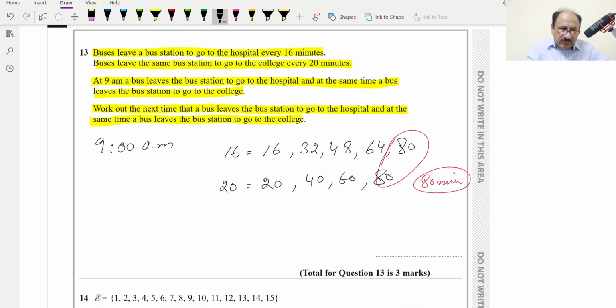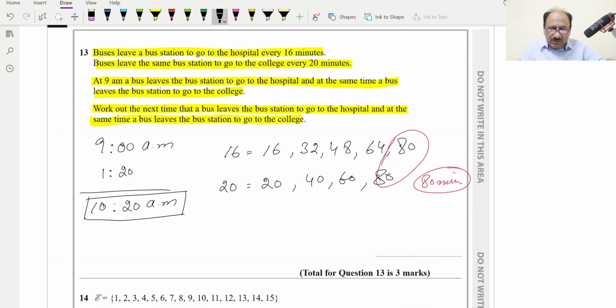So 80 minutes means 1 hour and 20 minutes. 1 hour 20 minutes we have to add, and this will be 10:20 a.m. So next both buses will leave at 10:20 a.m. So this is the time which we will be providing, 10:20 a.m. This will be our answer for this part.